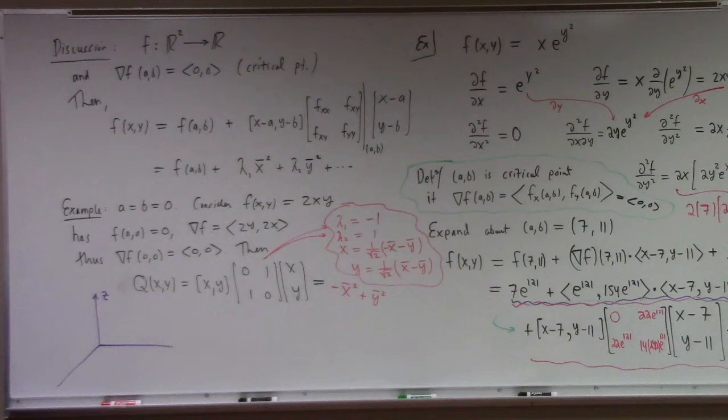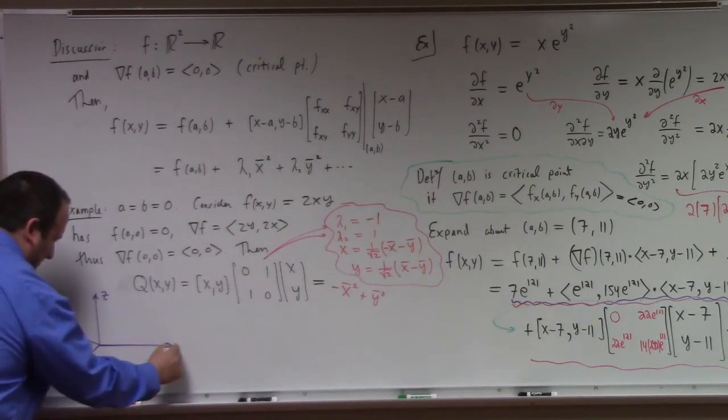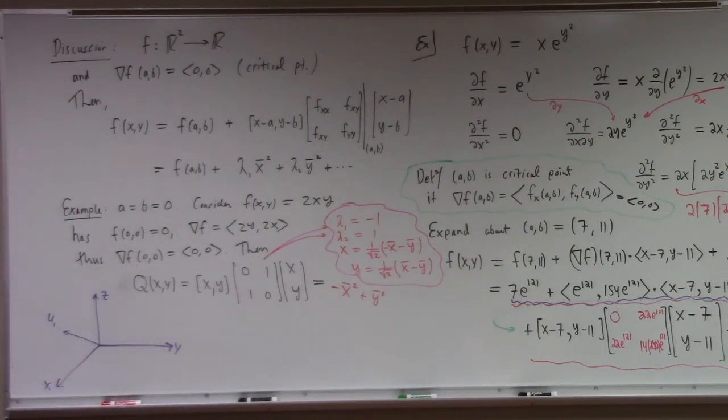What was the eigenvalue? Is this the one where I let you pick it, Bethany? It's all your fault. So it was minus 1, wasn't it? This was u1, and that's supposed to be in the xy plane.